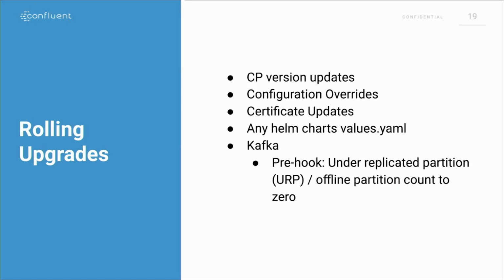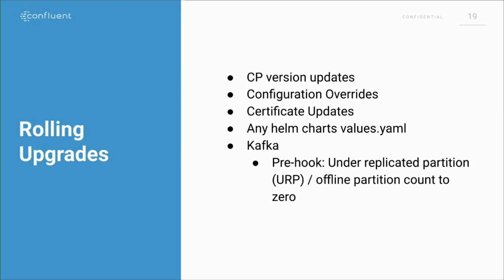It will update the secret object and then roll the cluster. But in the long term, we really want to do dynamic certificate loading so that you don't need to roll the whole broker cluster. For the other components, you have to roll the whole cluster.